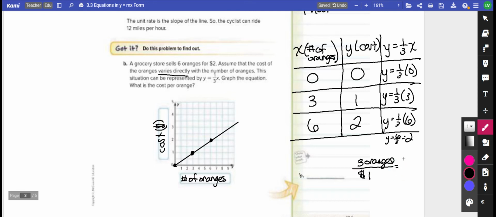But I want to know how much one orange costs. So I'm going to divide the numerator by 3. Well, if I divide the numerator by 3, I've got to divide the denominator by 3. Well, 1 divided by 3 actually gives me 1/3, which is equivalent to 33 hundredths. So it costs 33 cents per orange.